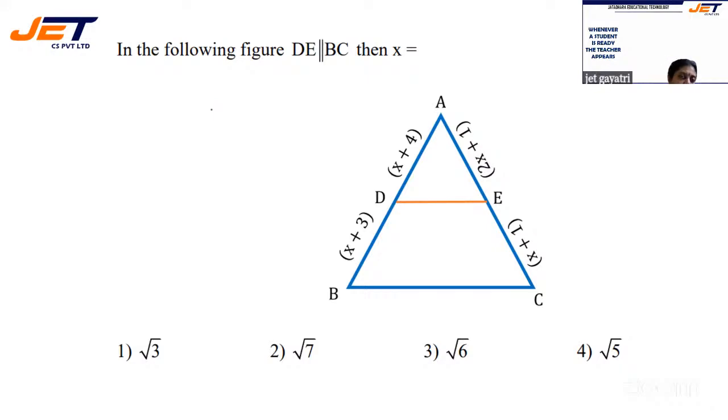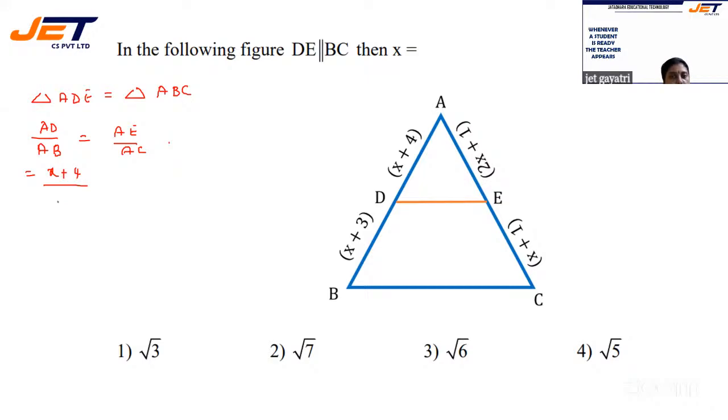In triangle ADE, this is similar to triangle ABC. In that case, it means AD by AB is equal to AE by AC. What is AD? X plus 4.